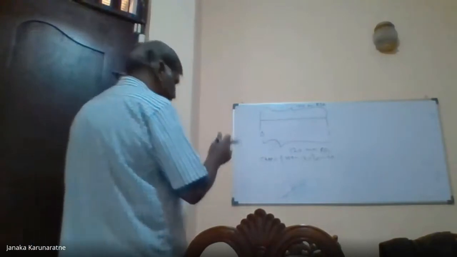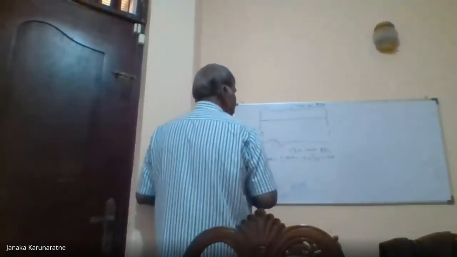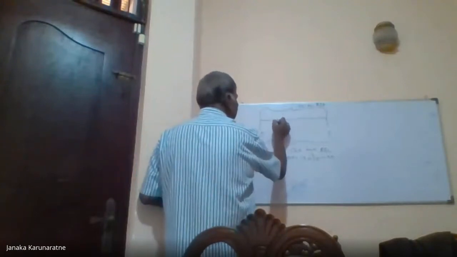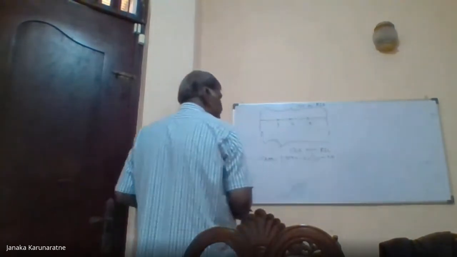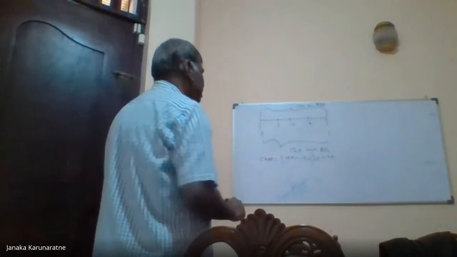But let's see how this 100 million came. I will dig into 4 components: 3 months, 6 months, 9 months and 12 months.